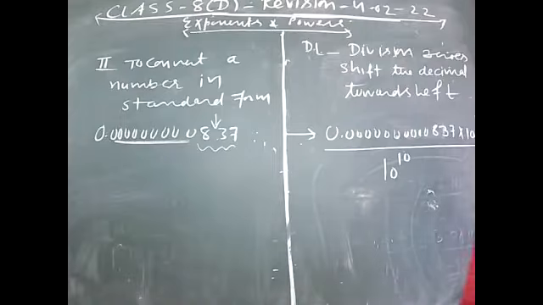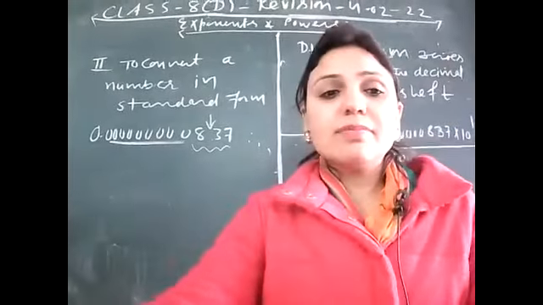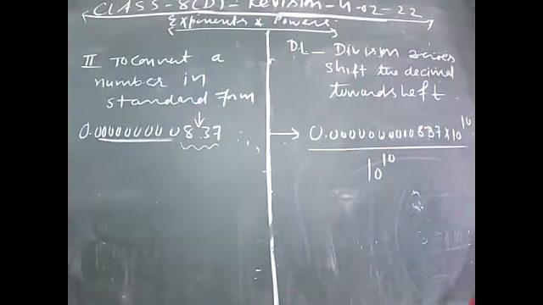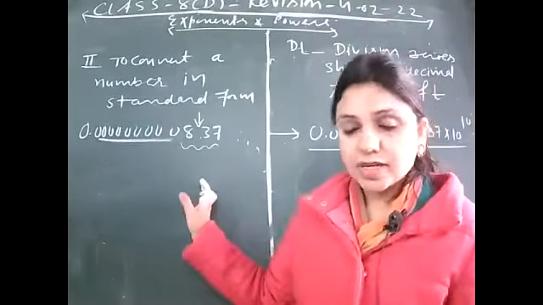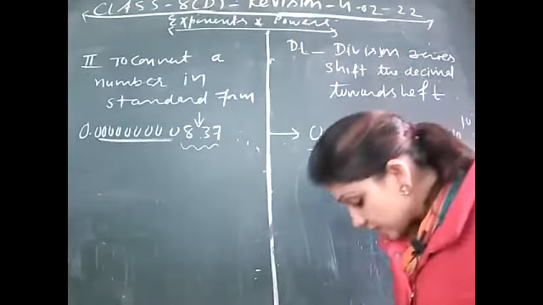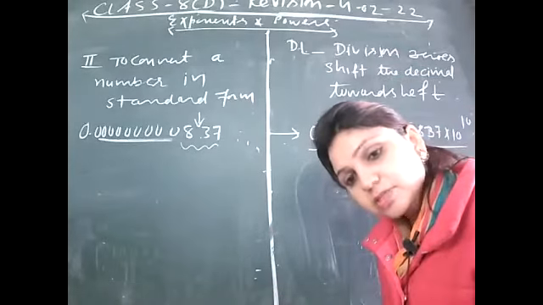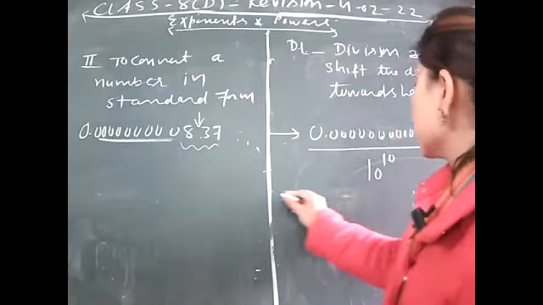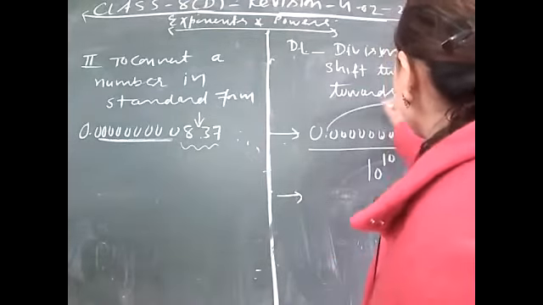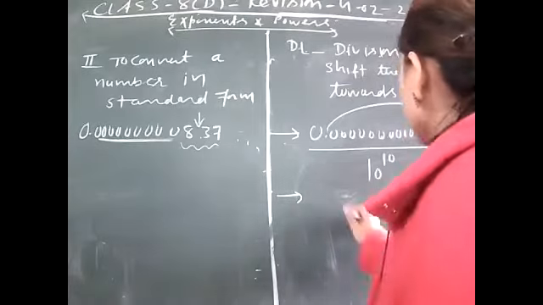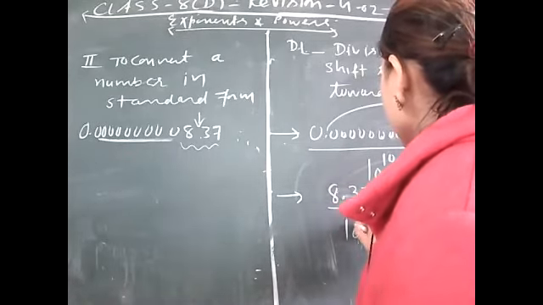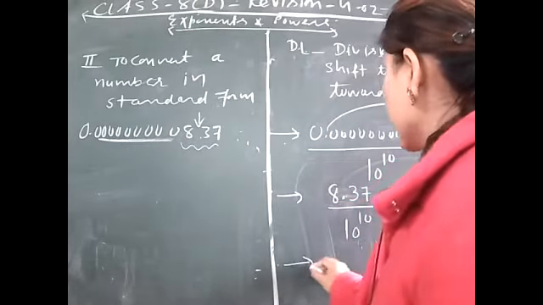We have to create balance. If we are multiplying, at the same time we have to divide. This decimal is to move towards the right side, and when the decimal is to move towards the right side, multiplication zeros are going to help us. So these zeros are helping us, and we are getting this decimal here. So 8.37 upon 10 raised to power 10.